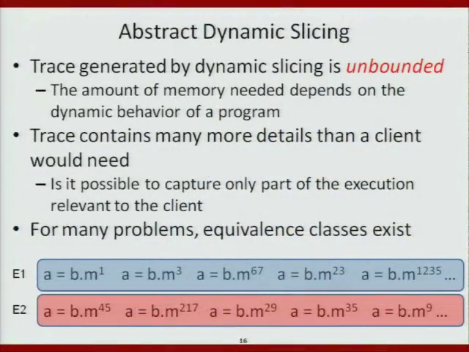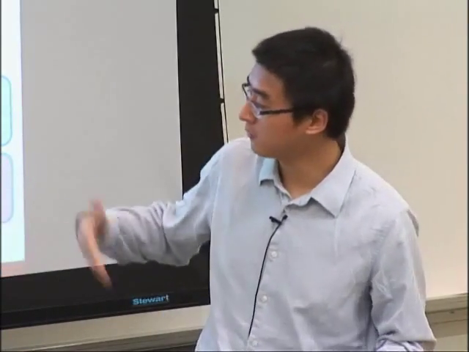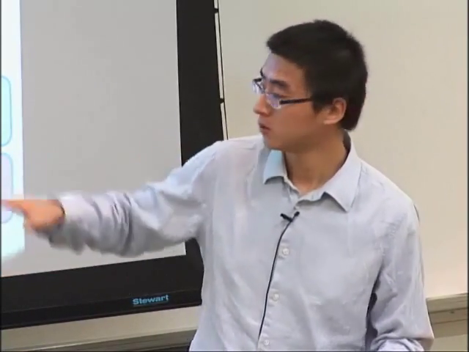Given a specific client analysis, it will be possible for us to divide those runtime instruction instances into two equivalence classes, like E1 and E2. Later, it will be sufficient for the client analysis to look only at those equivalence classes, E1 and E2, instead of looking at individual runtime instruction instances. In this way, we can potentially record only one runtime instruction instance per equivalence class as its representative.